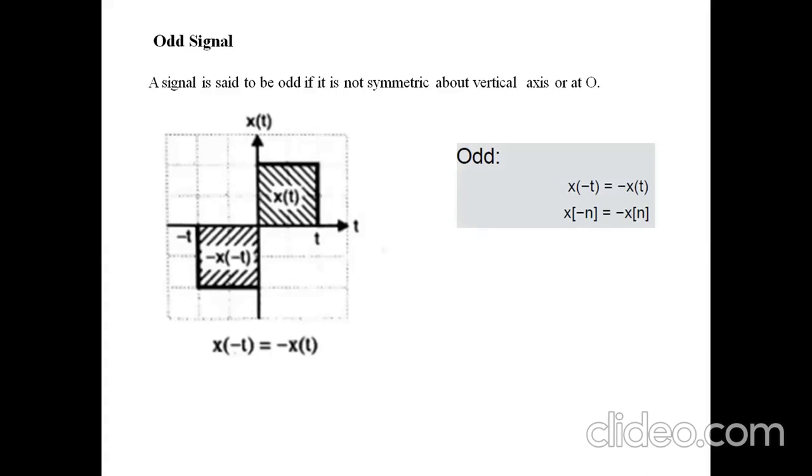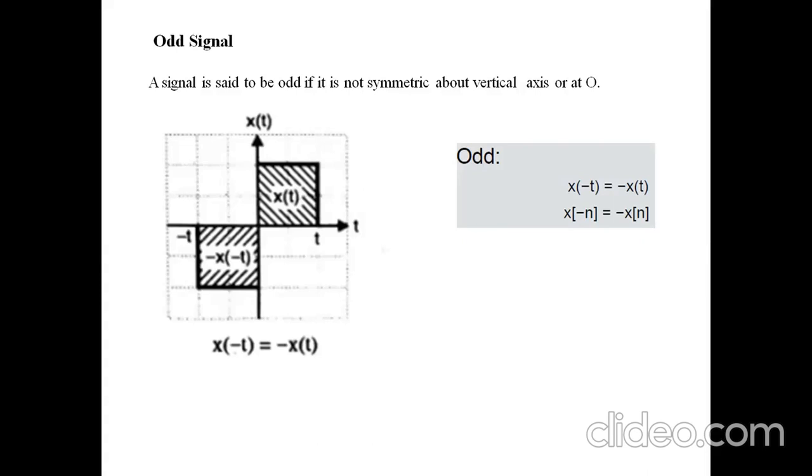That's why you can say such natured signal is an odd signal. Mathematically, you can write it as x of minus t is equal to minus x of t, or in terms of discrete time, x of minus n is equal to minus x of n.